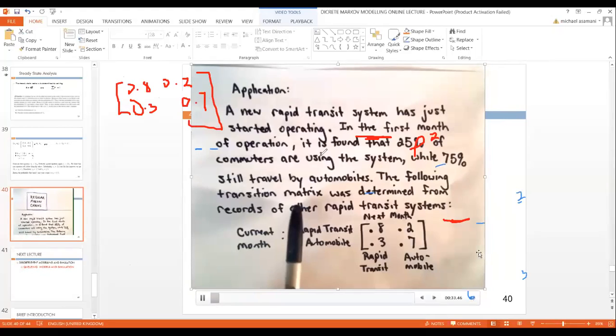Okay, now let's identify the states. The new method is rapid transit, so let's say R. This is R, and this is automobile, A. The new method is rapid; automobile is the previous method.